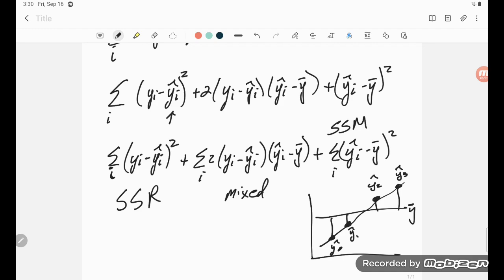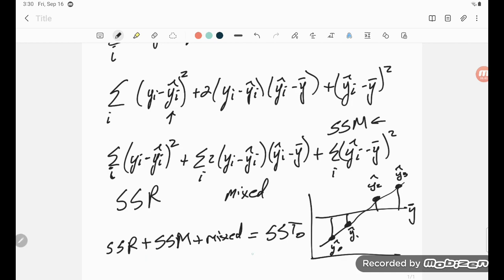Now, what we have at this point is sum of squares residual, plus sum of squares model, plus that mixed term is equal to the sum of squares total. Now the sum of squares model could also be called sum of squares treatments in the right situation.